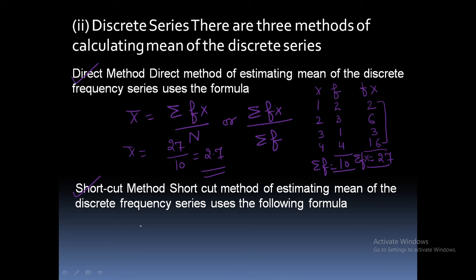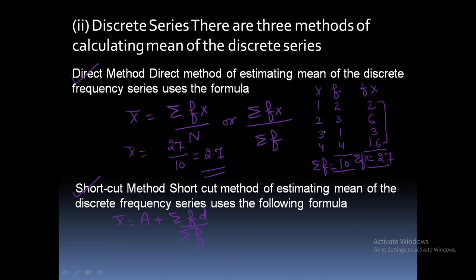Shortcut method: mean is equal to a plus sigma fd over sigma f. In shortcut method, we can assume one value from x as an assumed average or assumed mean.